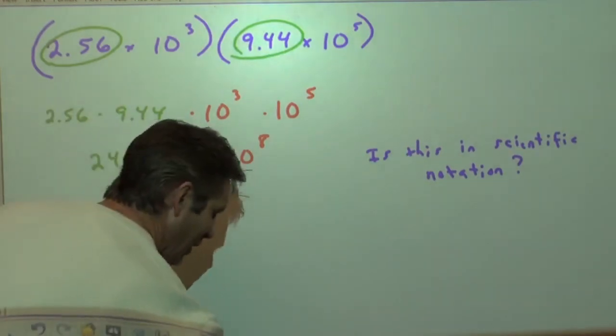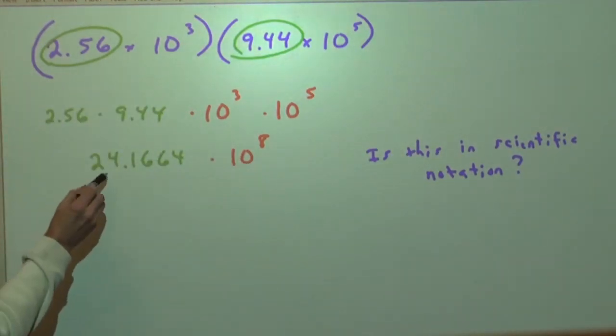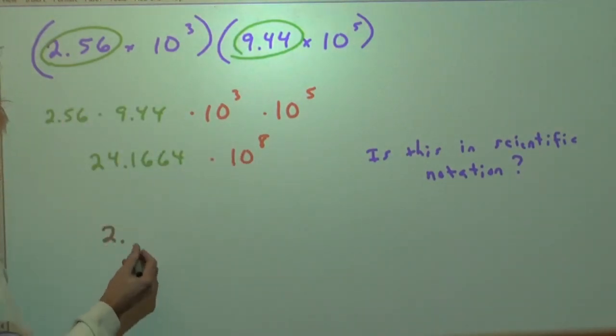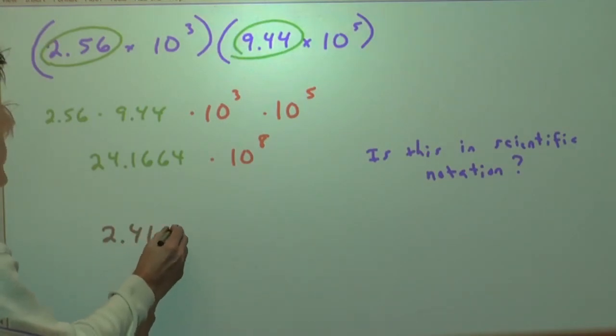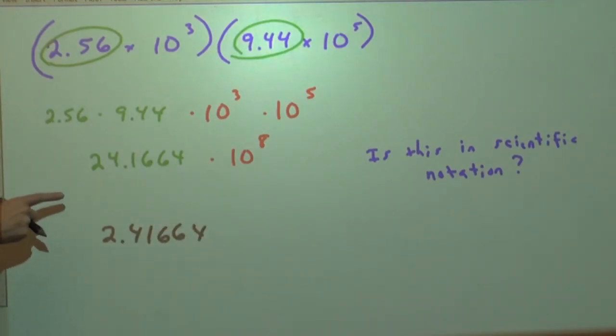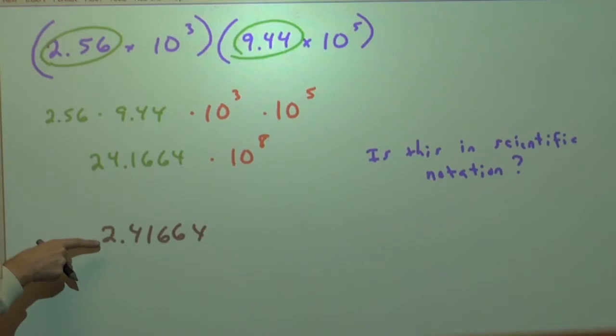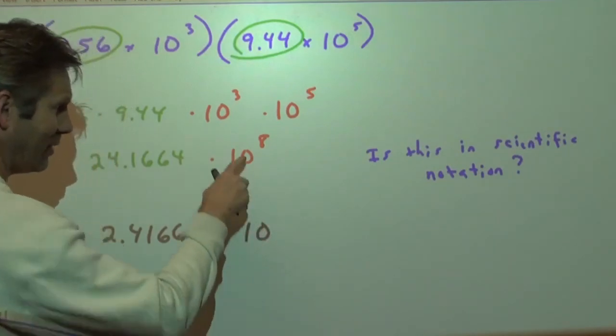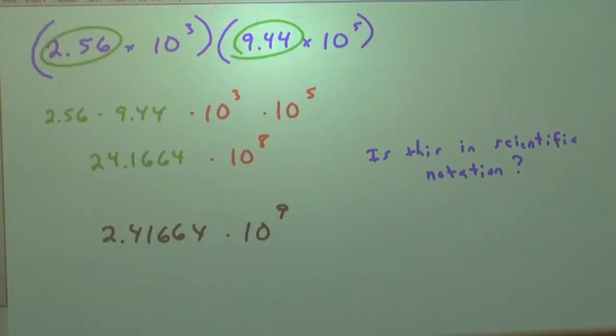So the last thing we need to do is make sure this number becomes a number between 1 and 10, so we could write it like this. But what did we do to change 24.1 to this? We divided by 10. To compensate, we better multiply by 10 and kick up this power of 10 one more to make it 10 to the 9th power. Scientific notation.